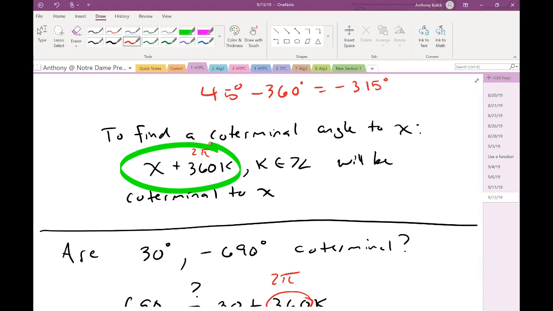So I just adapted this formula with 2 pi instead of 360. So I chose k to be 1, and I did pi over 3 plus 2 pi, and then chose k to be 2, and did pi over 3 plus 2 times 2 pi. You could have picked any integer value for k. I just chose 1 and 2 because they were small numbers, and I didn't want this to get overwhelmingly huge. Could you have picked negative 1 and negative 2? Sure. That's fine.